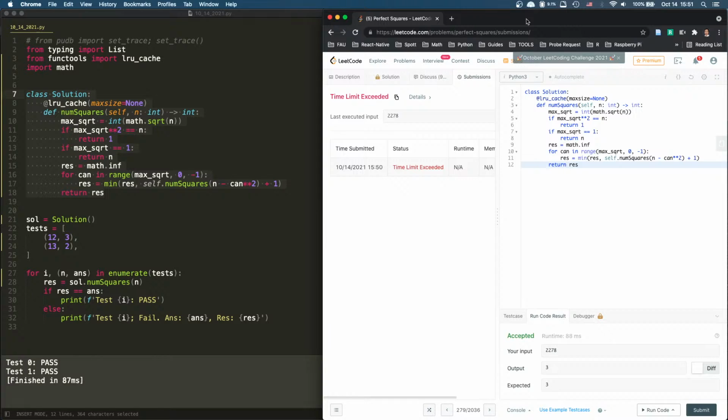Is it because of all the square root? It could be. That could be all the square root is causing the problem. What should we do?